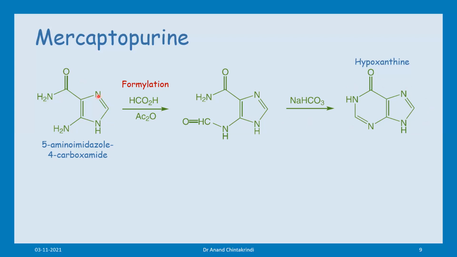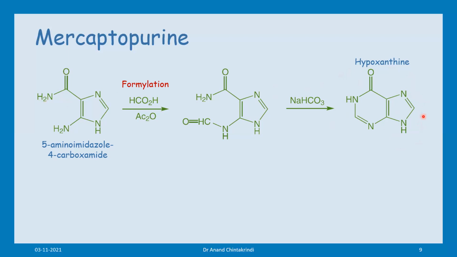You either start with the imidazole and then form this pyrimidine part of this purine, or else you can start with the pyrimidine part and then form the imidazole. So either way you can achieve it. This particular method is a shorter method, involving fewer steps. So therefore, this is the preferred method. So eventually you form this hypoxanthine.